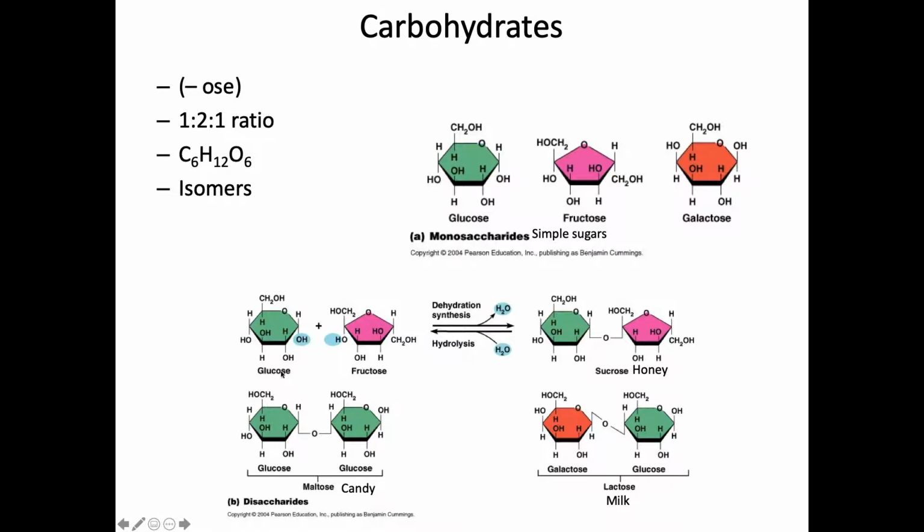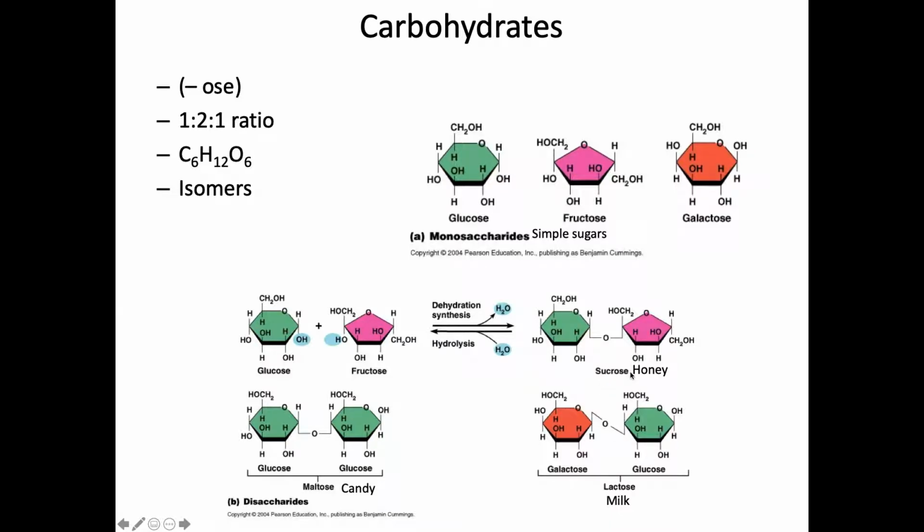So we have already talked about how glucose plus a fructose will make sucrose, which is just honey. 2 glucose monomers together will make maltose. And then galactose with a glucose will make lactose. And then disaccharides are just 2 sugars together.